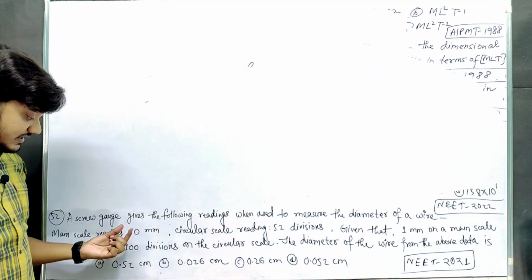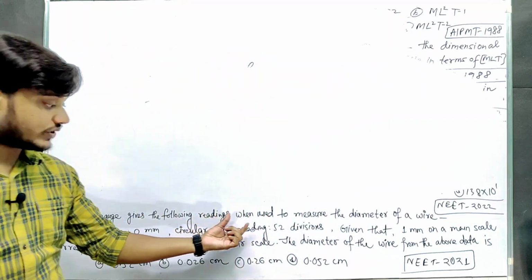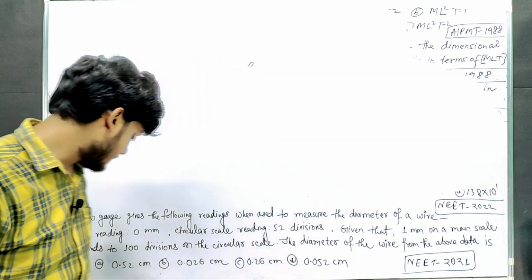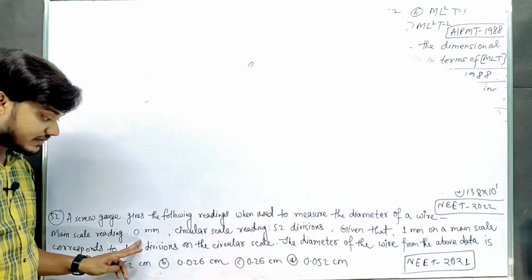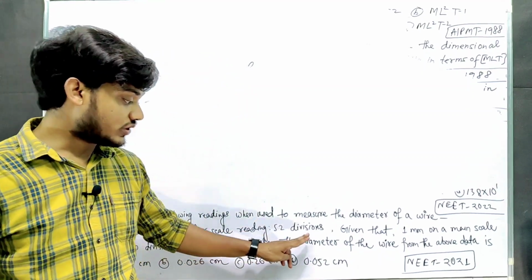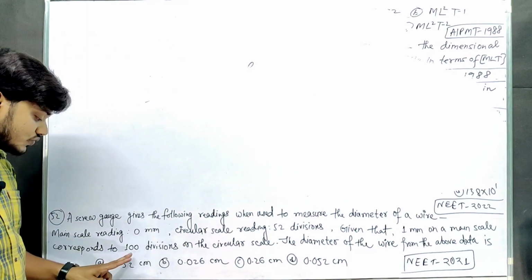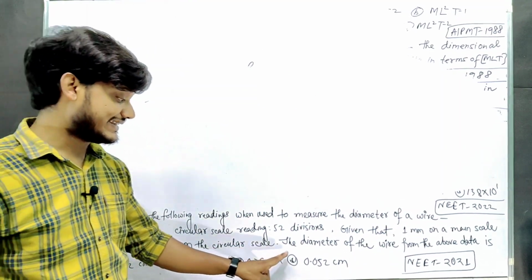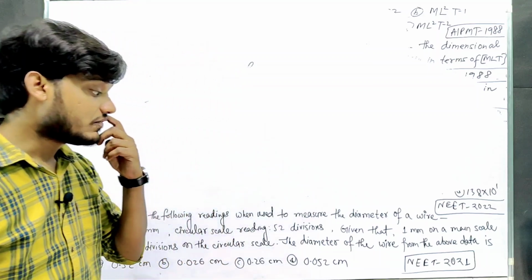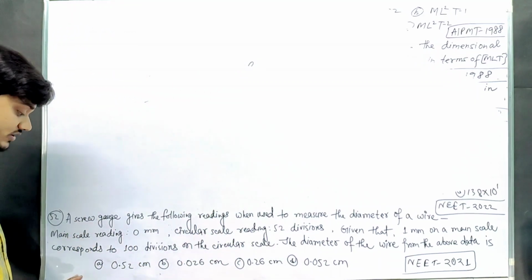Next, 52. A screw gauge gives the following readings when used to measure the diameter of a wire. Main scale reading 0 mm, circular scale reading 52 divisions. Given that 1 millimeter on the main scale corresponds to 100 divisions on the circular scale, the diameter of the wire from the above data is, options are given.